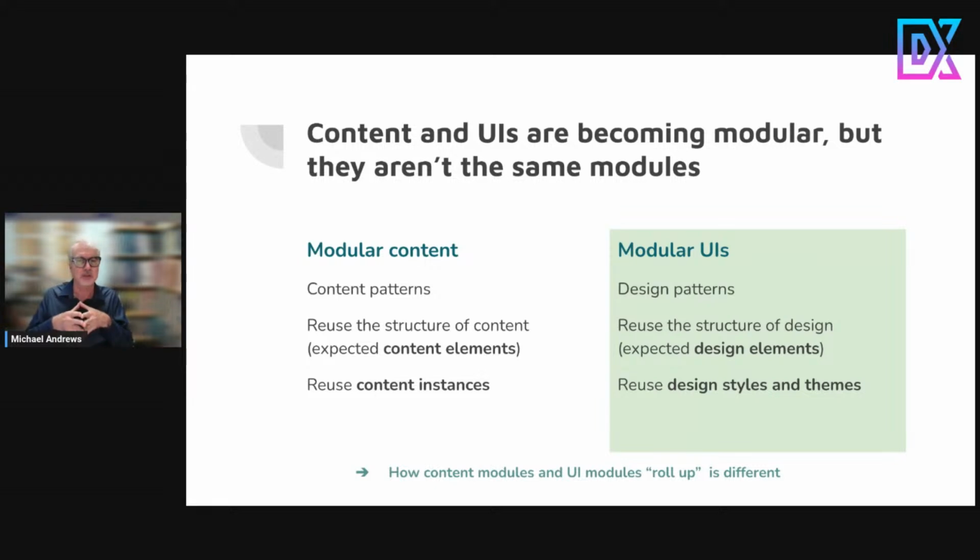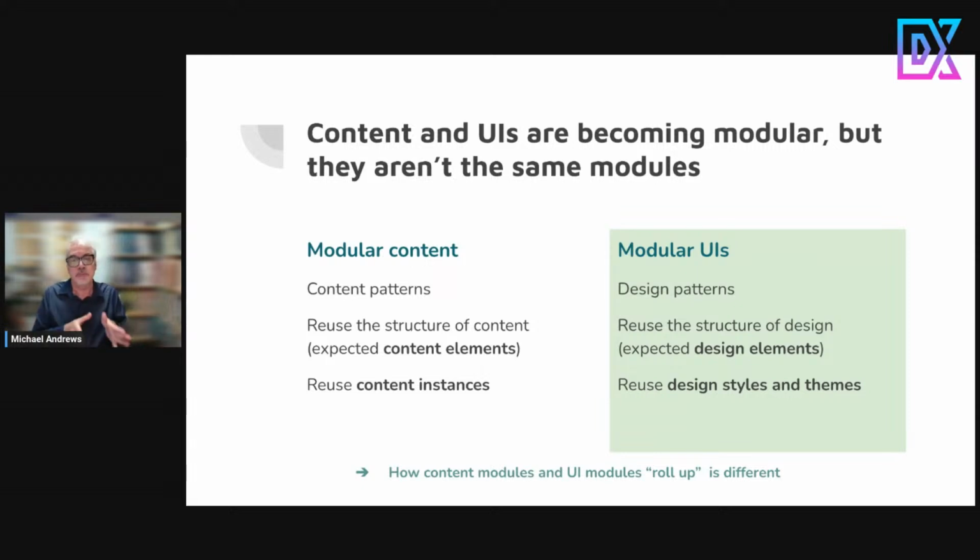So the modular content is really about the structure of the content, what content elements are expected, and can we reuse content instances? Whereas with the design system, we're looking at the structure of the design, what are the expected design elements, and trying to reuse things like design styles and themes.